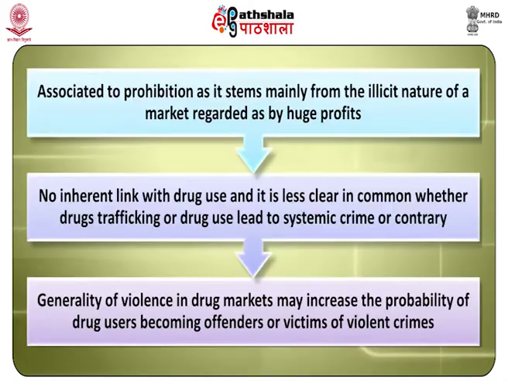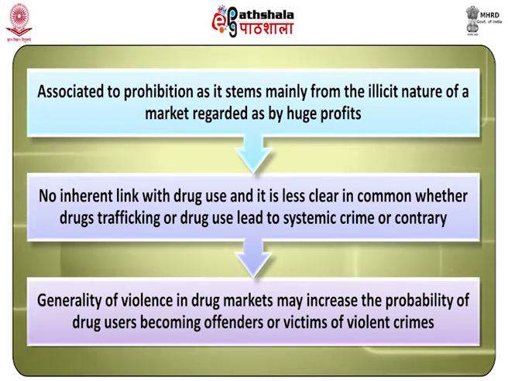In drug production and transportation, in countries where the rule of law is challenged, systemic crimes may also comprise, for example, corruption of businesses, governments and banking systems, or crimes against humanity by drug traffickers. Systemic violence is associated with prohibition as it stems mainly from the illicit nature of a market characterized by huge profits and whose participants cannot resort to typical business law.